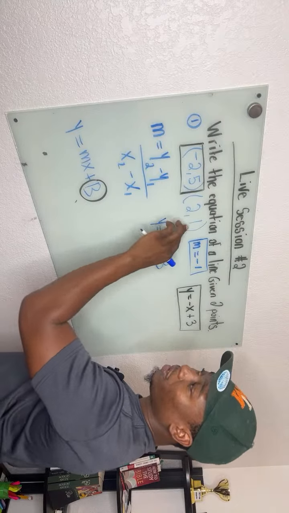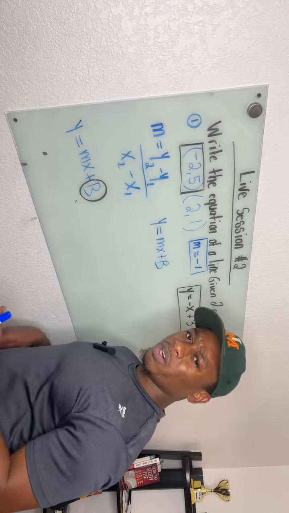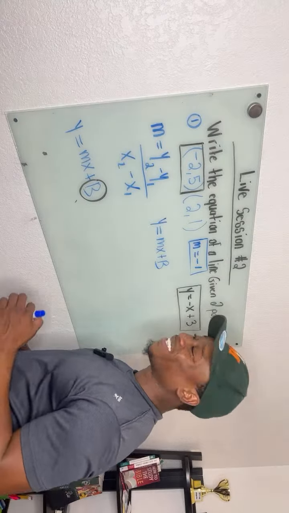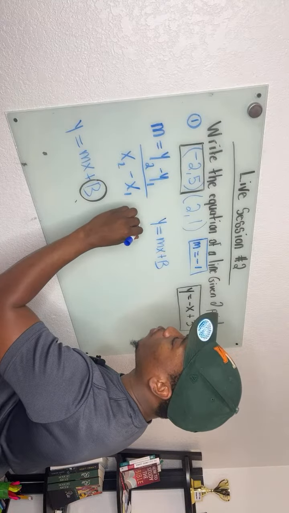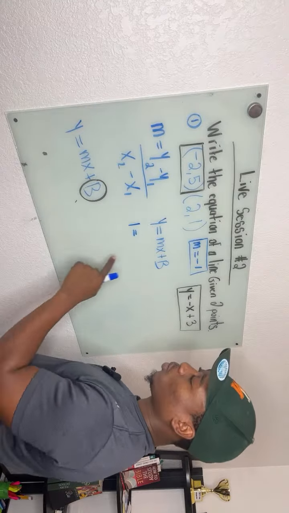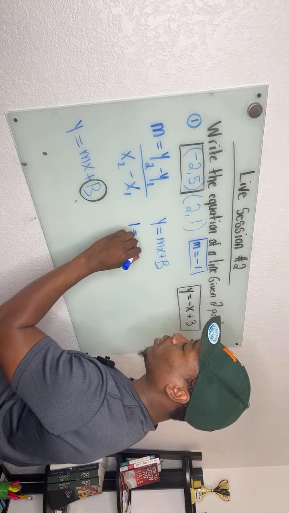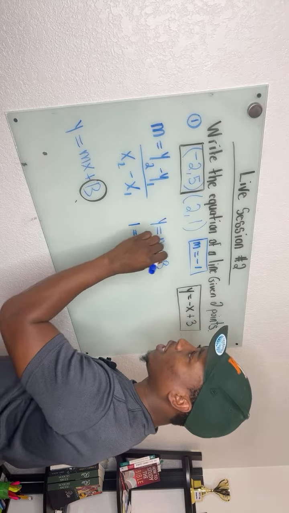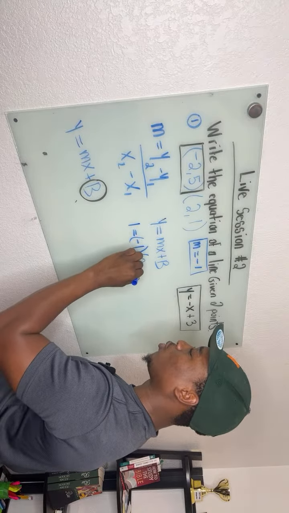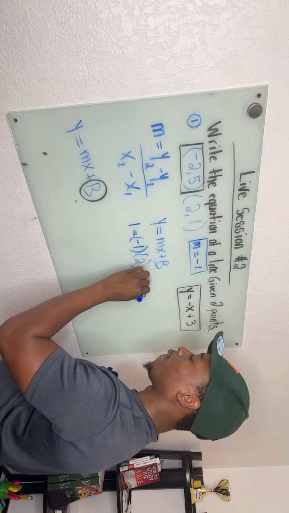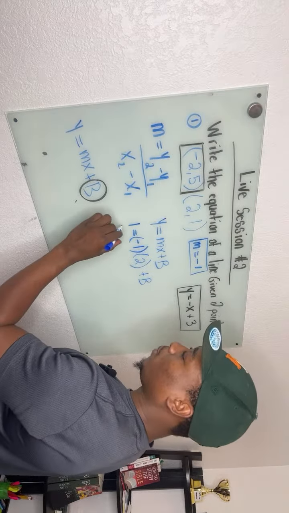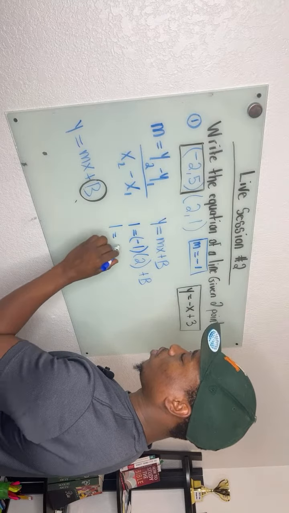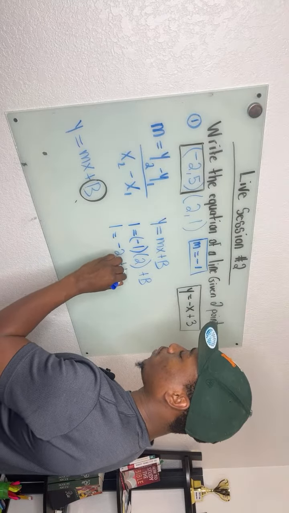Now we have a different point, but are we going to get the same answer? So I have 1 is equal to, remember m is -1 as well, -1 times x, which is 2, plus b. So now we have 1 is equal to -2 plus b.